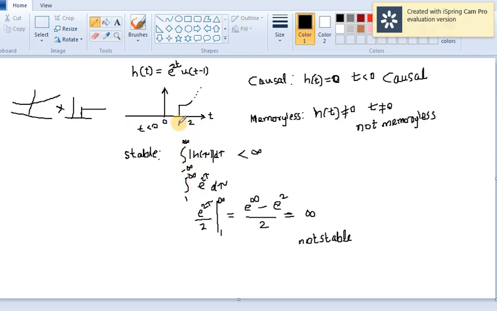So, for solving this one, now let's take up the limits. The signal is running from 1 to infinity. So, the integration from 1 to infinity, h of tau is nothing but e raised to 2 tau. And u of t minus tau is being taken care of by the limits themselves.